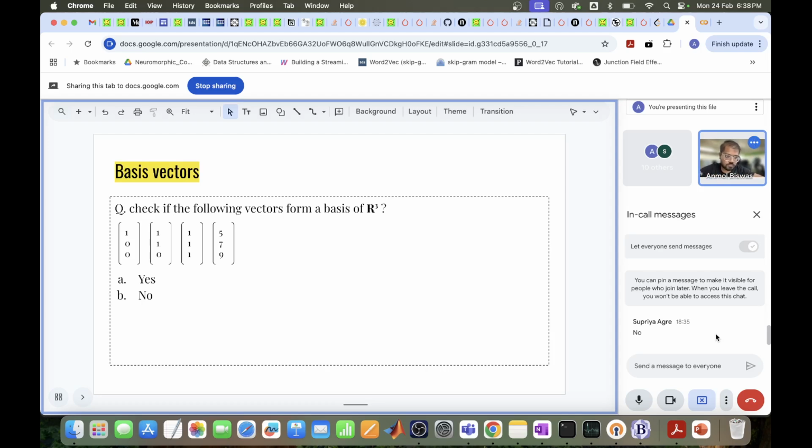But generally, the theory, or the result, is that the size of the basis set decides the dimension of the vector space, right?